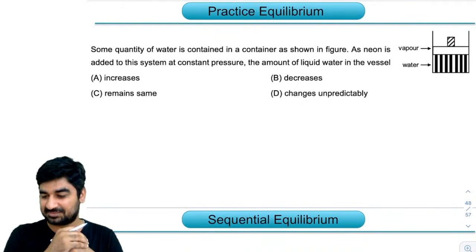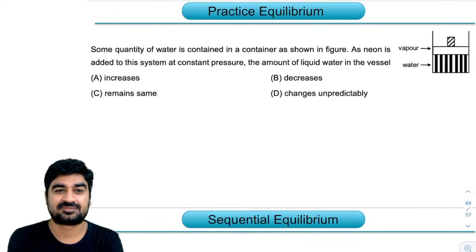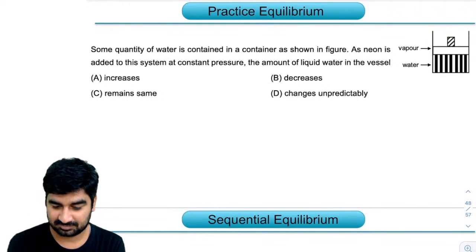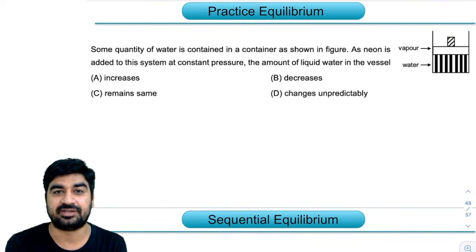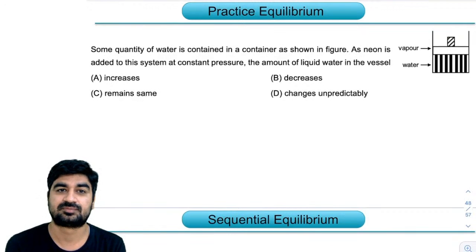Solve it. Solve it quickly. Some quantity of water is contained in a container as shown in the figure.